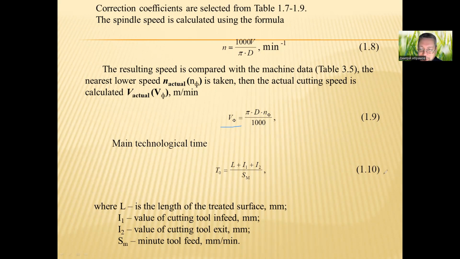In formula 1.10, big L is the length of the machined surface; small l suffix 1 is the value of cutting tool entry; and l suffix 2 is the value of cutting tool exit; S suffix M is the minute tool feed.